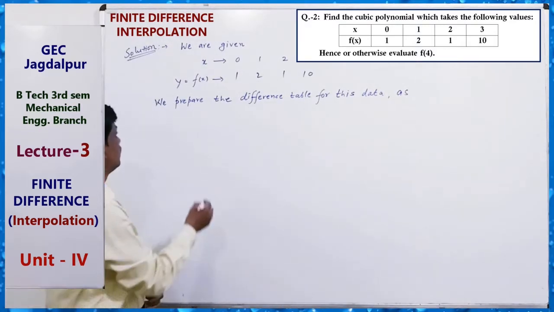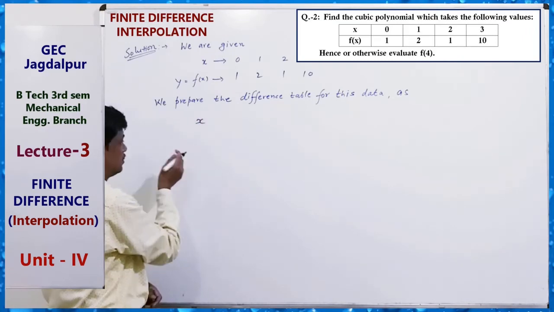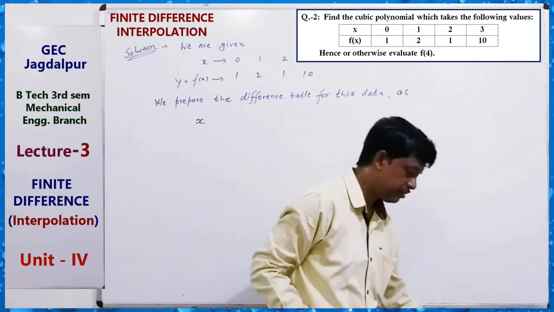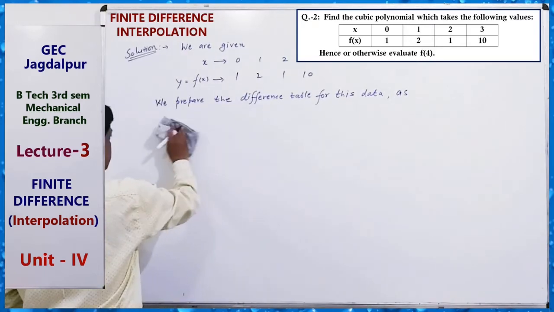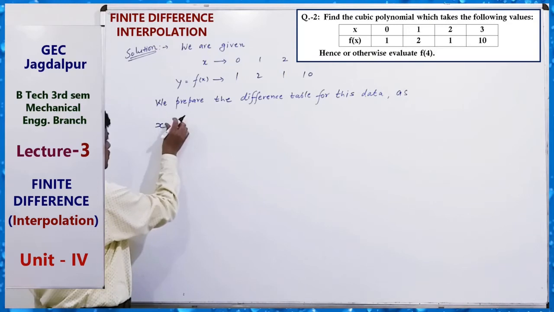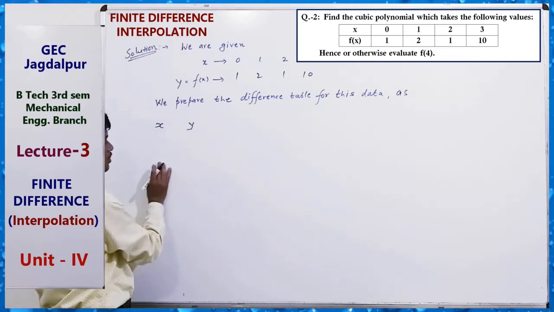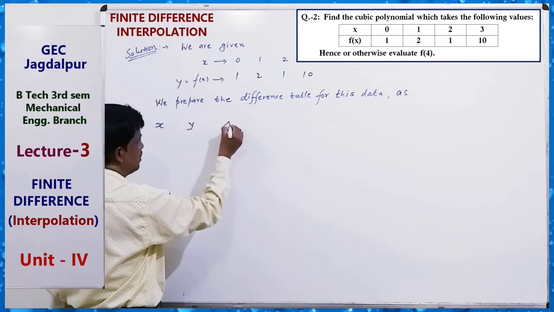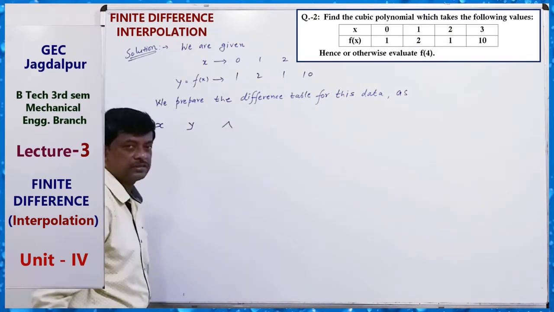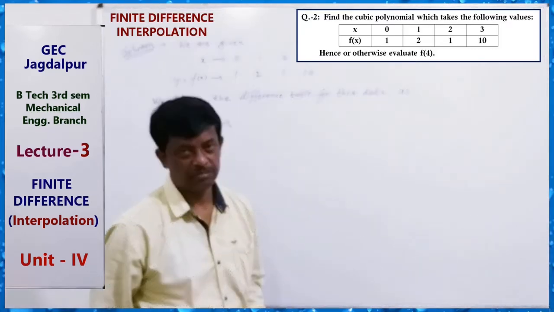So the value of x, y, first difference, second difference, third difference. Here we write forward difference, backward difference.